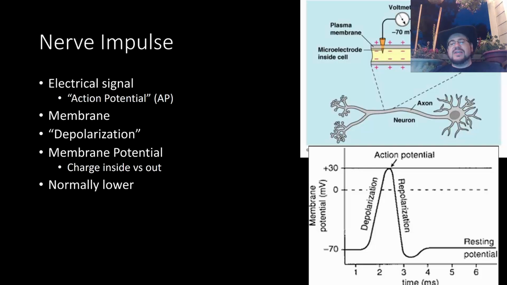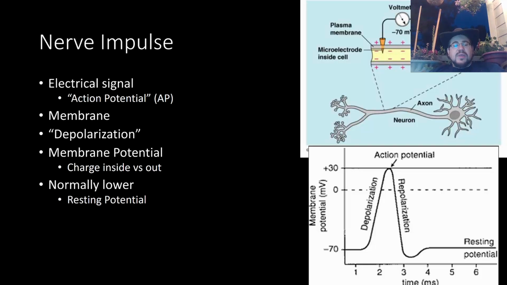And depolarization is when the charge difference becomes zero. In other words, when the charge inside is equal to the charge outside, it triggers the impulse that travels down the membrane. So an action potential is literally just an impulse that is generated when we have equal charge on the inside versus the outside, and that equal charge propagates down the membrane from the dendrites to the axon.